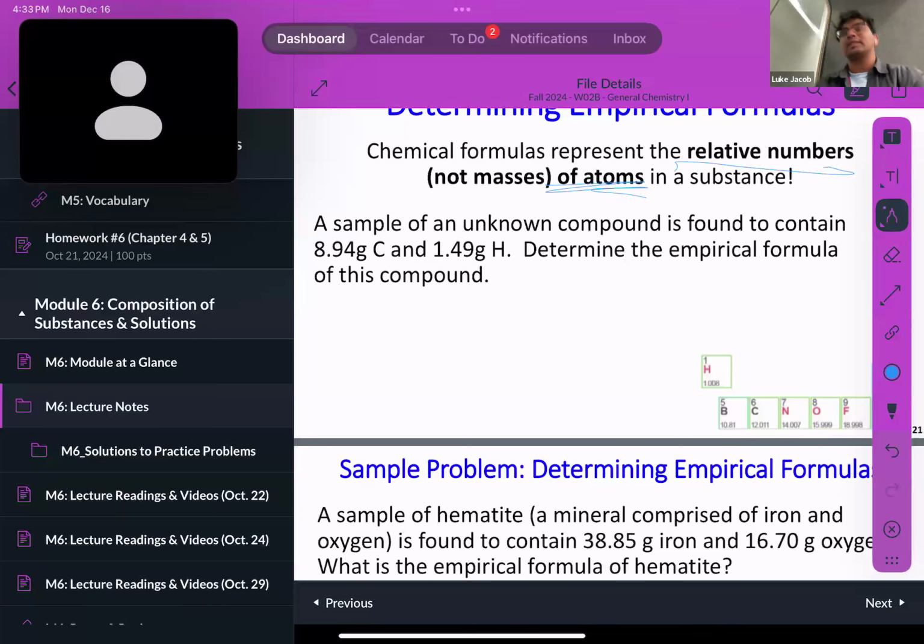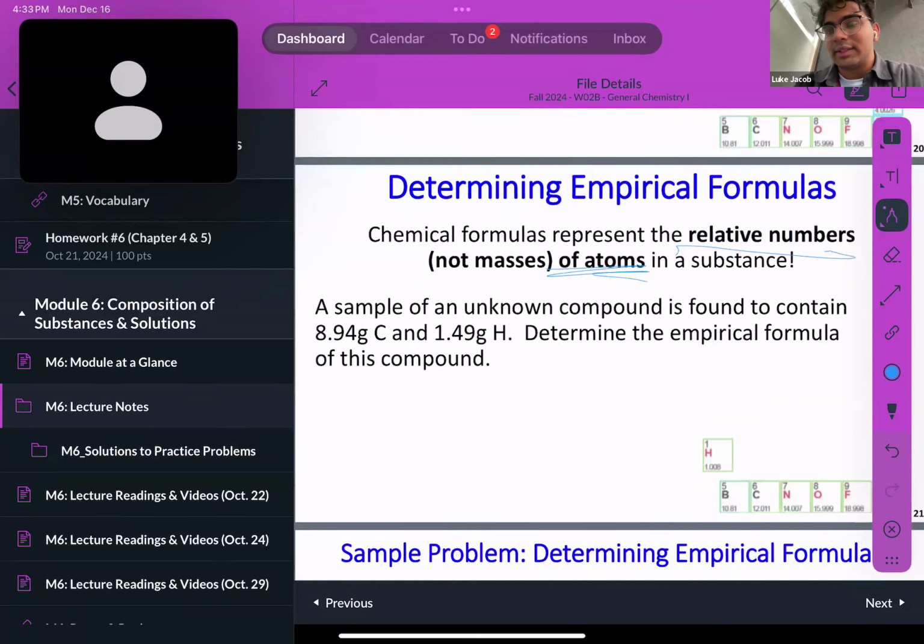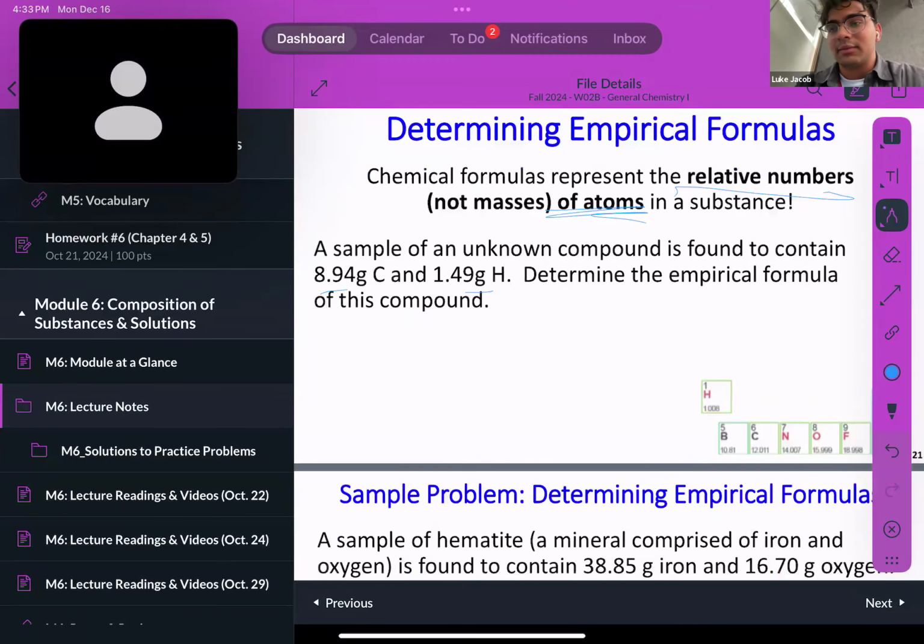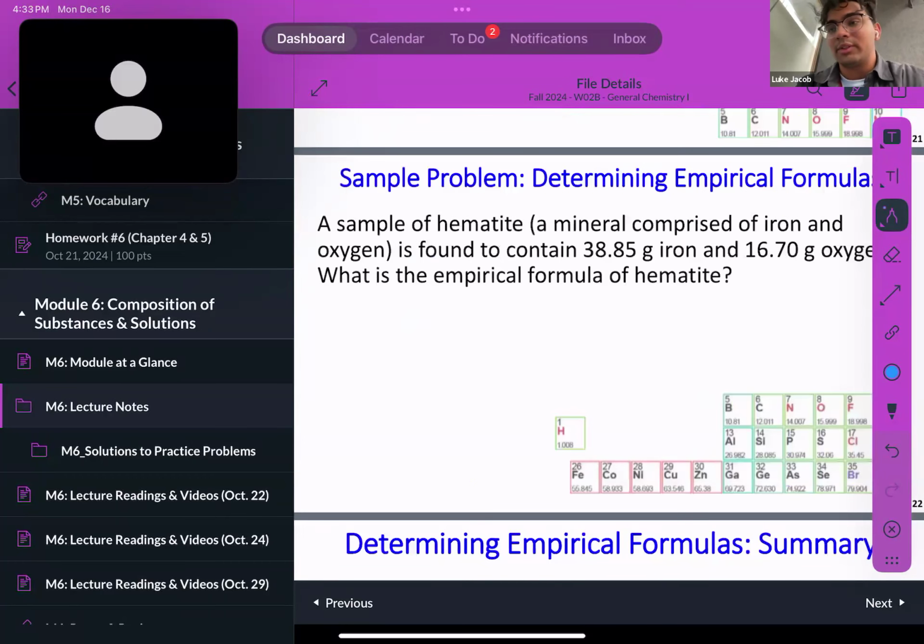This is important. Anytime you do an empirical formula, you never really need to round because it's just whole numbers. You want to convert these things from grams to moles, and then divide by the lowest number of moles.